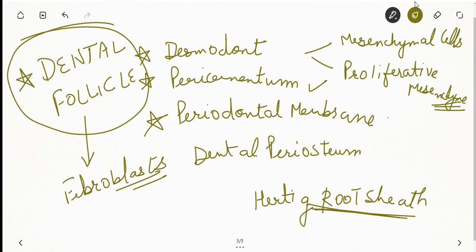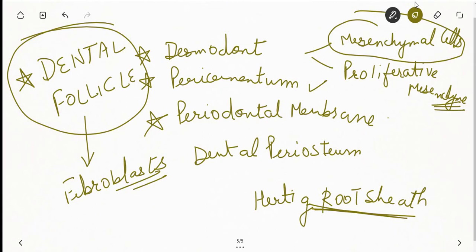So these mesenchymal cells, bounded by the dental follicle proper and the bone, are stellate shaped. As root formation continues, the cells in the perifollicular area gain their polarity and cell volume, and the synthetic activity increases.